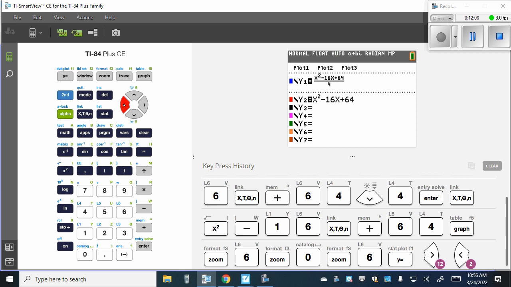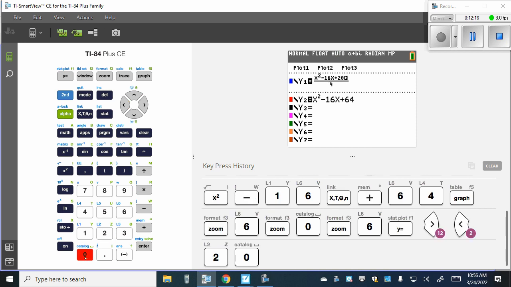And it's kind of hard to see with this one. That was negative 16, 4, and 20. No, let's see here. What would be nice? 20 is 2 and 10.